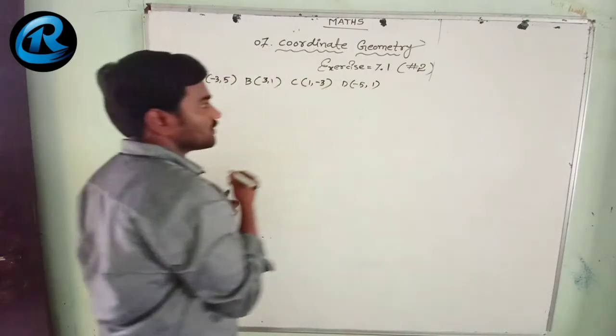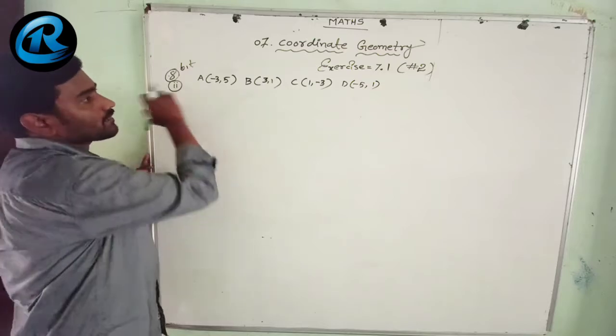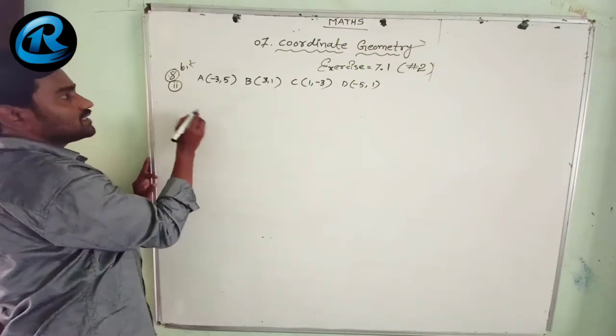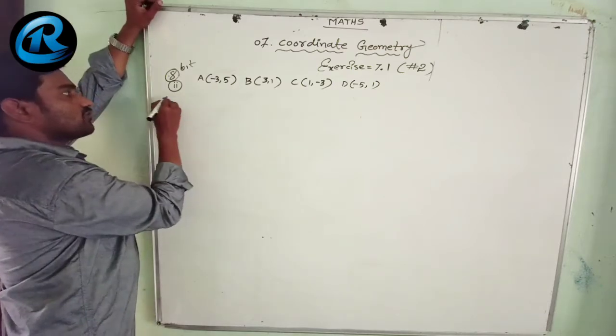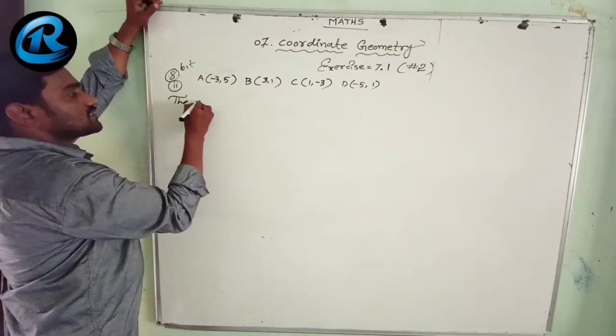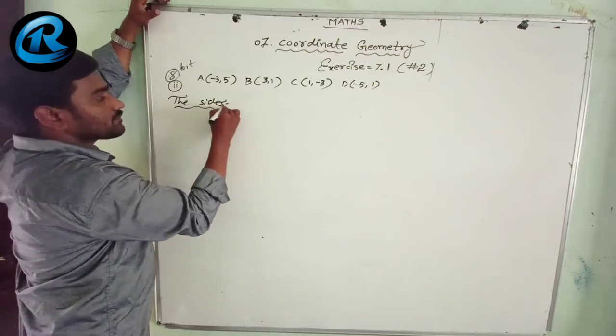It is a new edition book. If it is an old book, your problems may change. Okay, so here we go. Let us find out which kind of quadrilateral it is. In the same way we have to find the sides first. Let us compare the sides.